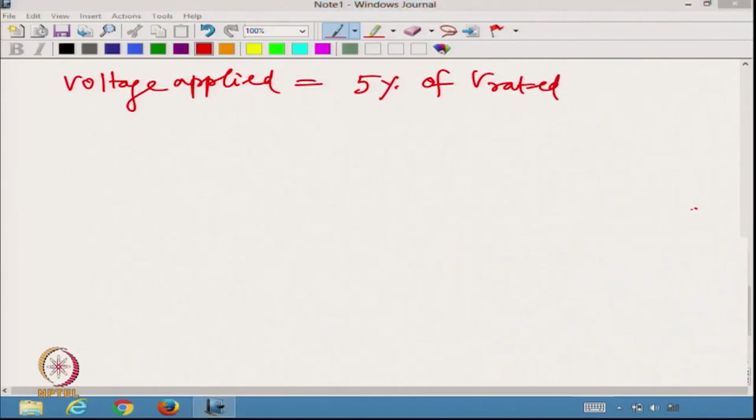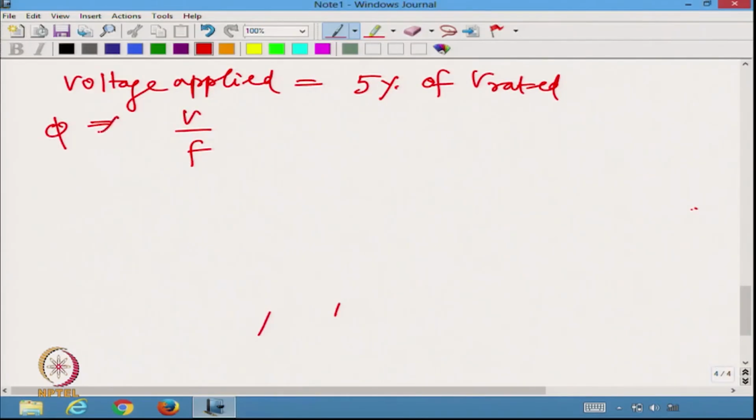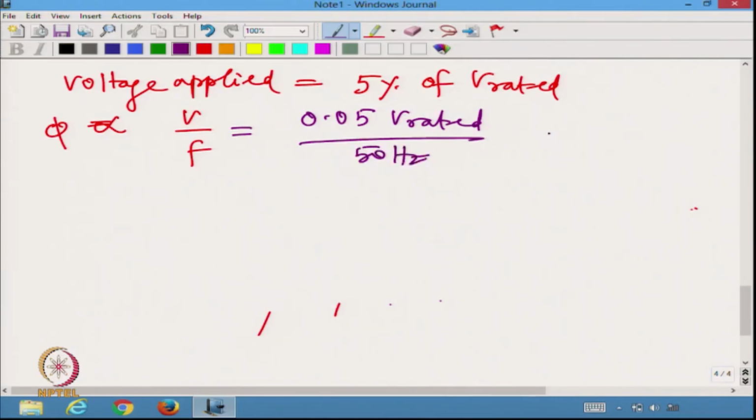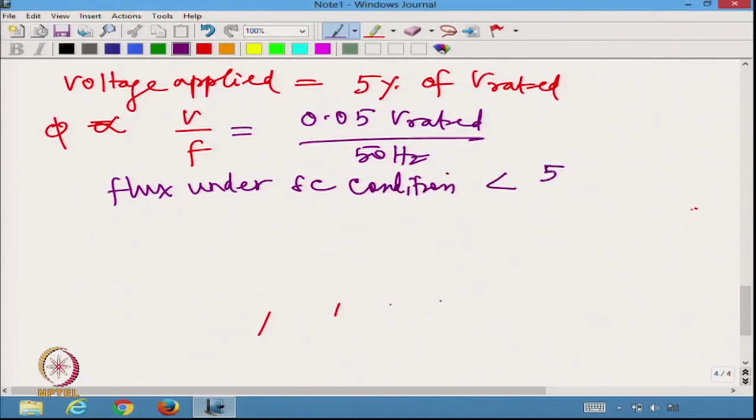So, if it is less than 5% of V rated, then I am going to have essentially V divided by F, that is what is flux. Flux is proportional to V by F, due to which I can write this as 0.05 times V rated divided by 50 hertz. So, the flux under short circuit condition is less than 5% of rated flux.